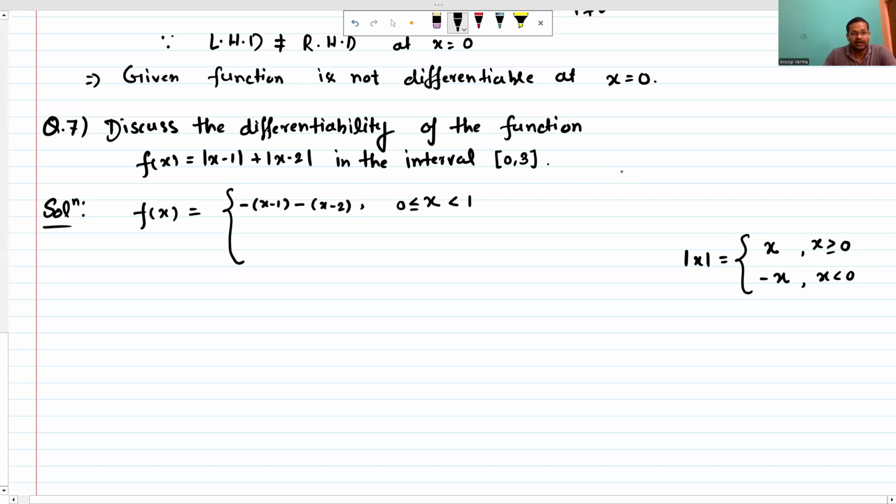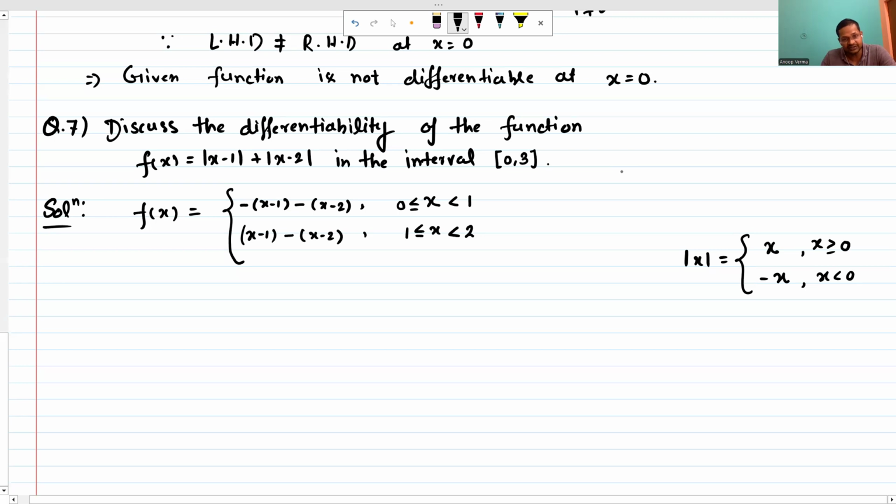Okay, and now take x greater or equal to 1 and less than 2, because 2 is also a critical point. Here, when we take x greater than 1, x minus 1 will be positive, but x minus 2 is again negative. So x minus 1 will open with the positive sign, and x minus 2 will open with the negative sign.